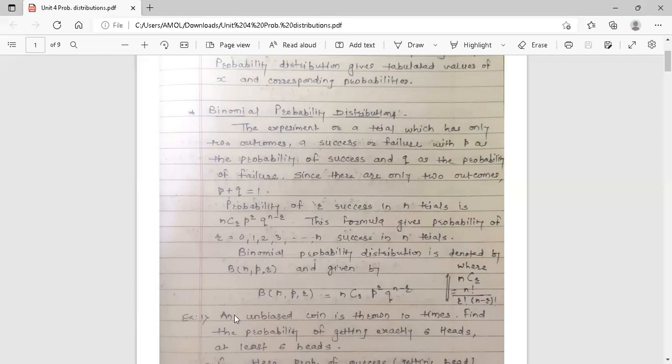And the formula is B(n, p, r) equal to nCr into p raised to r into q raised to n minus r. So this is the formula of binomial distribution. And you know nCr is equal to n factorial upon r factorial into (n minus r) factorial. So this is the formula of nCr.